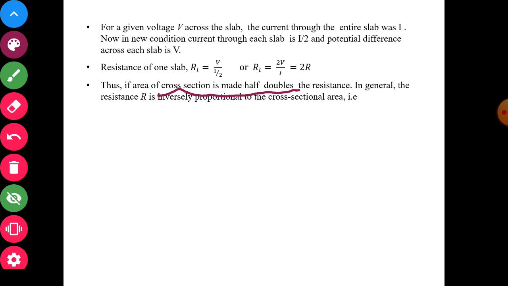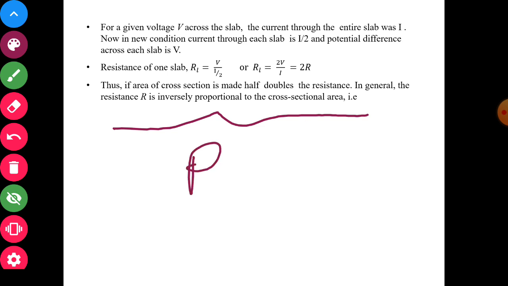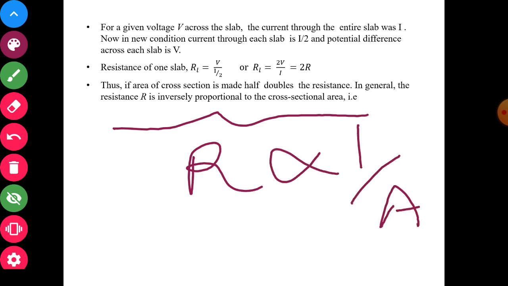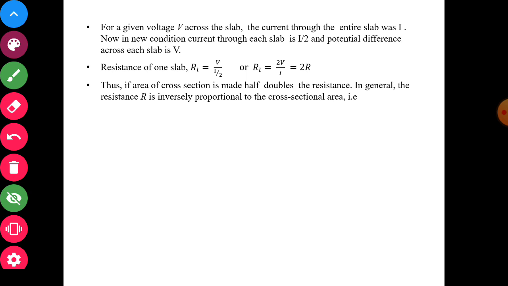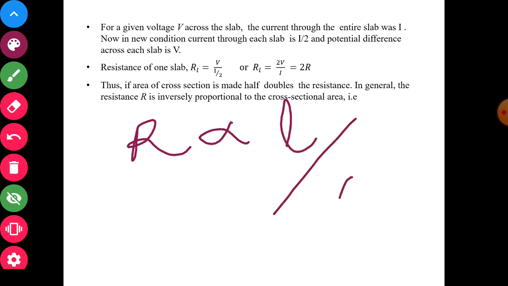Okay, in general, the resistance is found to be inversely proportional to the cross sectional area. Earlier we found that resistance is directly proportional to L. Now if both the things are combined together, then we can say resistance is directly proportional to length and inversely proportional to area.